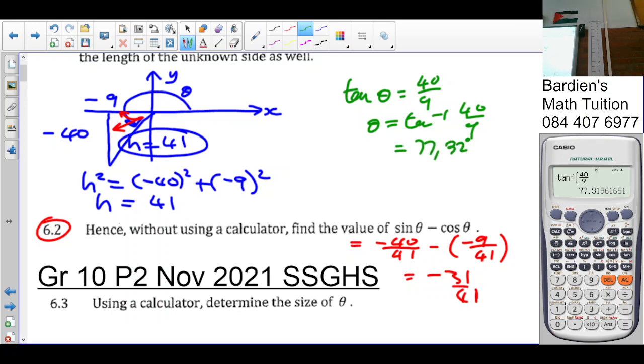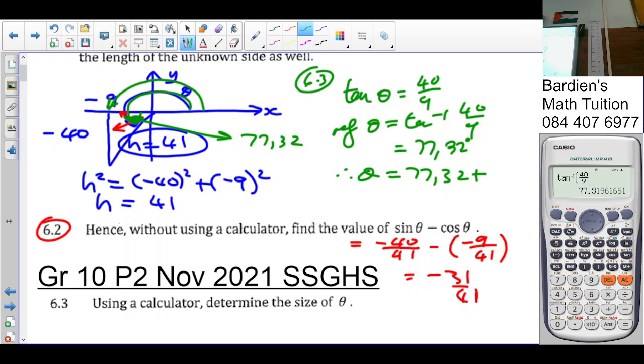Now the angle that they're referring to is this angle here. Can you see that? So how do I get this whole angle? How many degrees is it from here to here? 180. That's why I call this a reference angle. Theta is equal to 77.32 plus 180, which gives us 257.32 degrees.